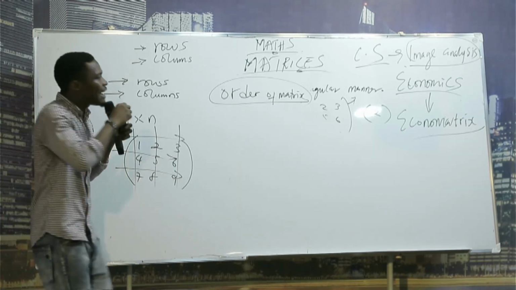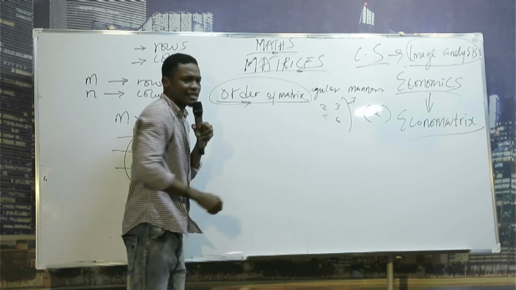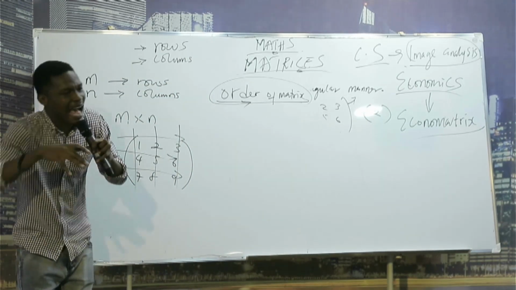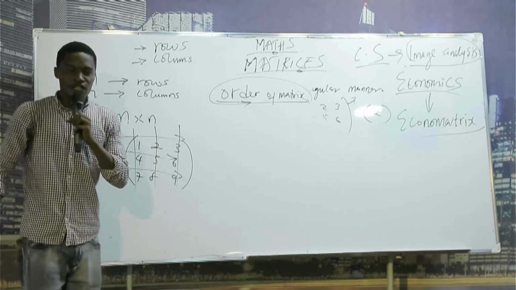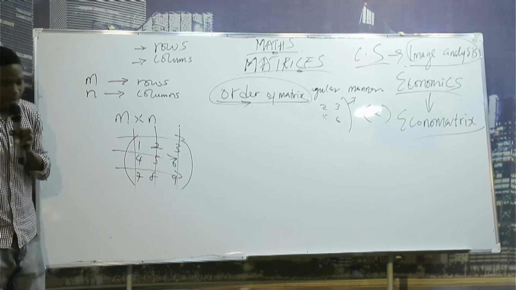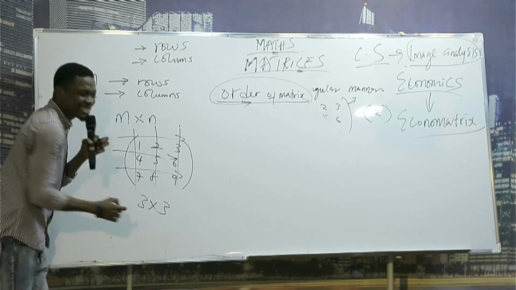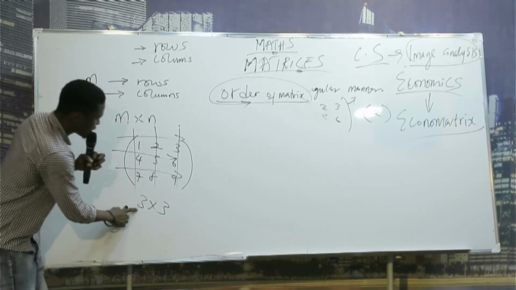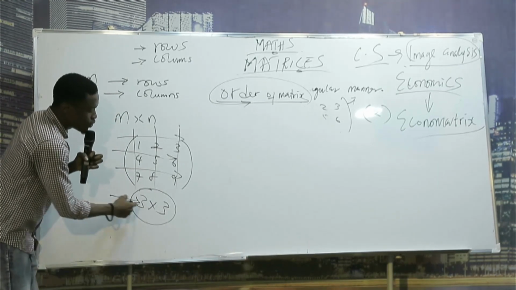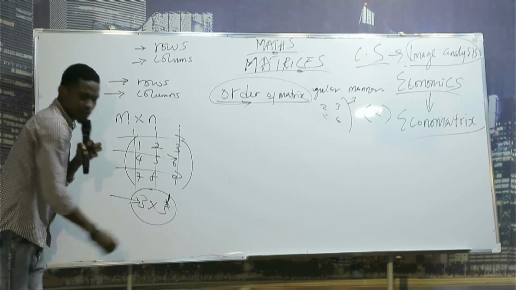So we said that the order of a matrix simply means how many rows and columns are in that matrix. So what is the order of this matrix? 3 by 3, not 3 times 3. This 3 by 3 means it has 3 rows and 3 columns.